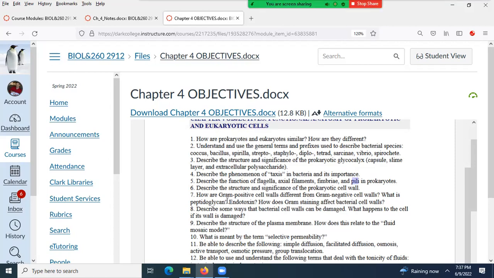You should know what peptidoglycan is. You should know the gram-negative cell has an endotoxin. And this will be the third time we've discussed endotoxins. So you can count on having a quiz question or a final question on endotoxins because we have talked about them 3 different times.